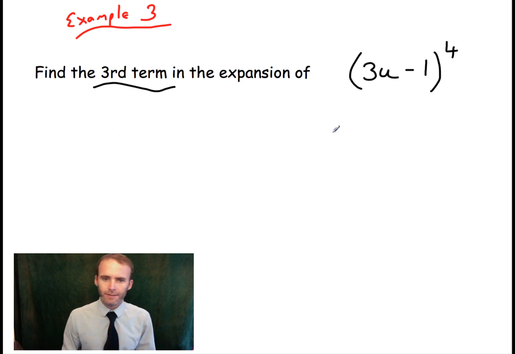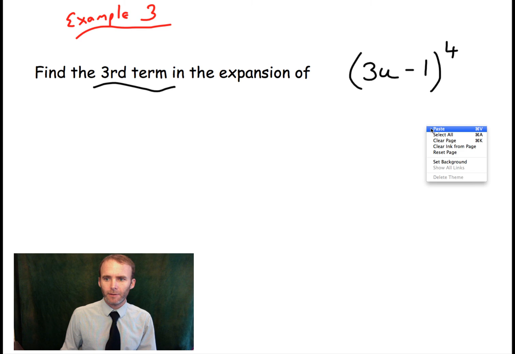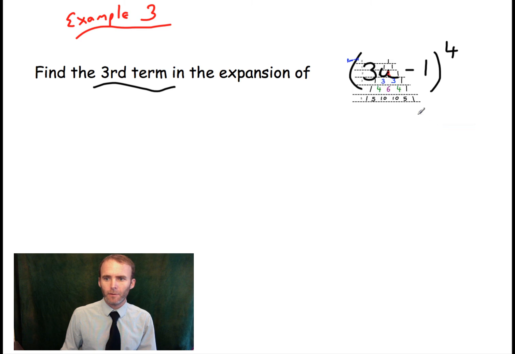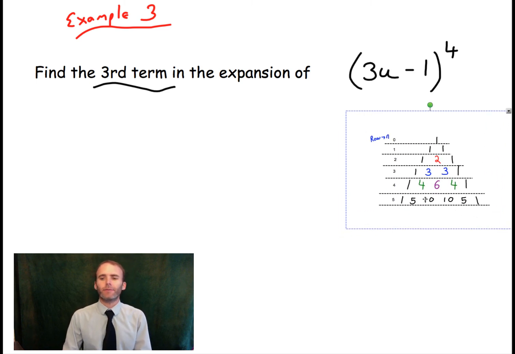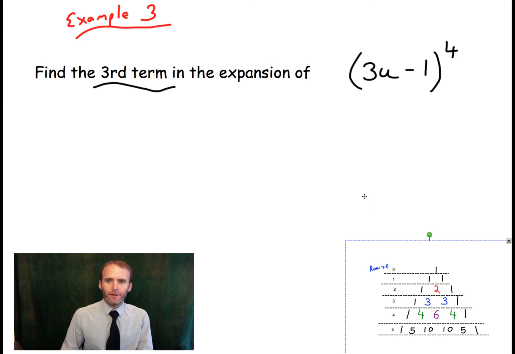So let's start expanding this out. Again, let's paste my Pascal's triangle. You guys will have this in your notes, so you don't have to constantly keep writing Pascal's triangle. You have it. However, it's fairly easy to reconstruct.